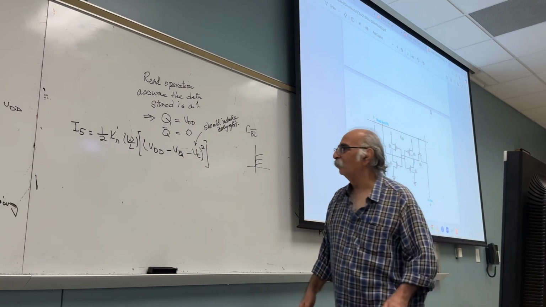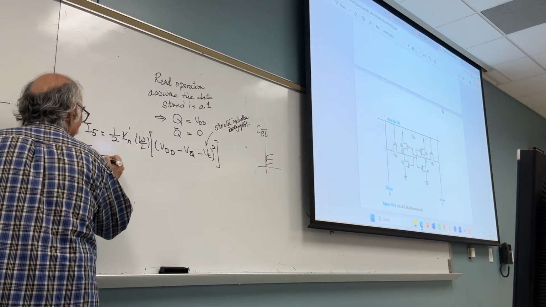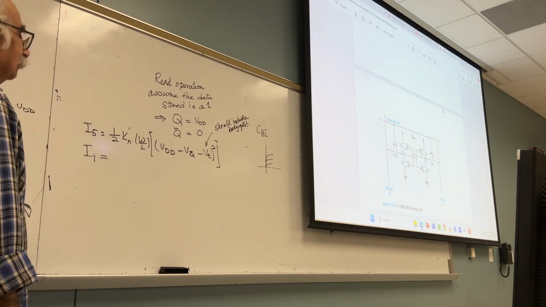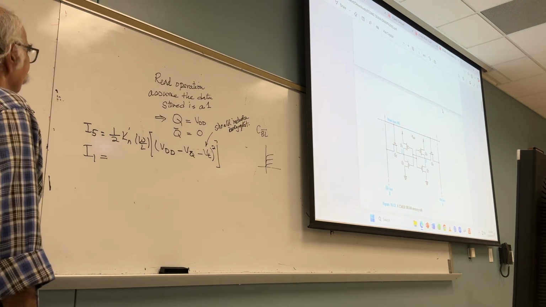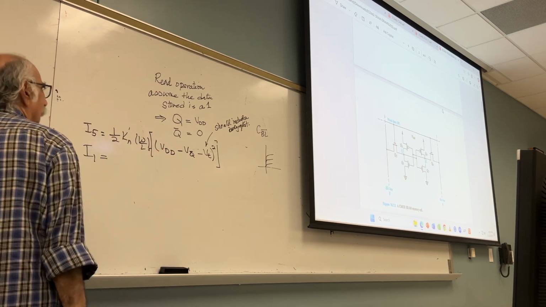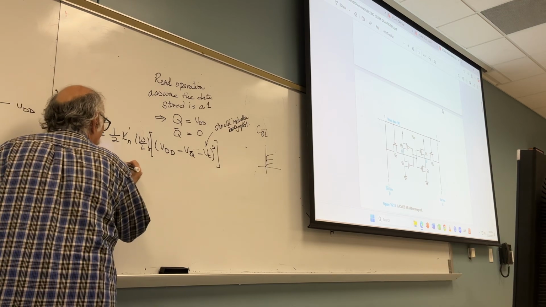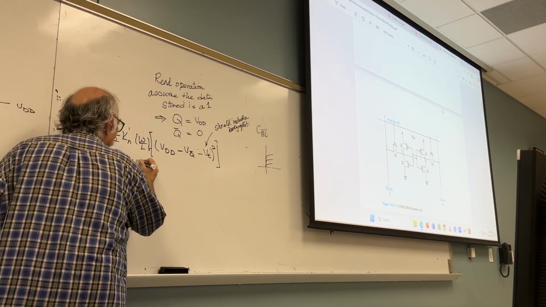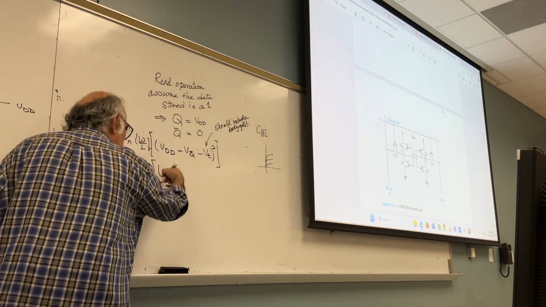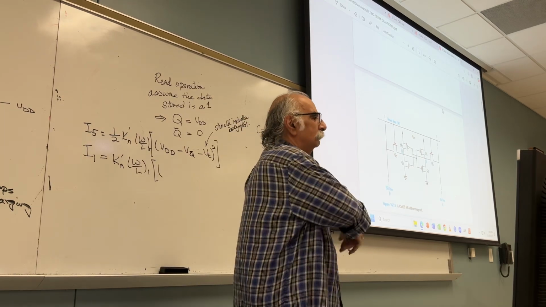Good. Now, what is I1? I1 is in the triode mode. By the way, put this one as 5: W over L5. Kn, Kn prime, W over L1. What should go in? VGS.